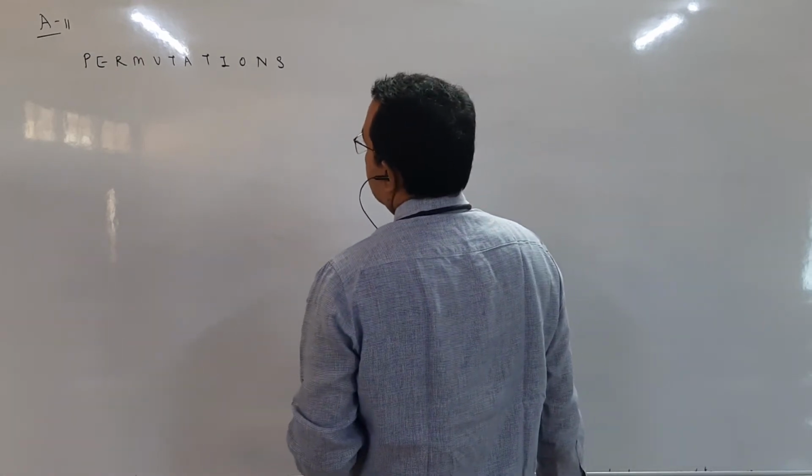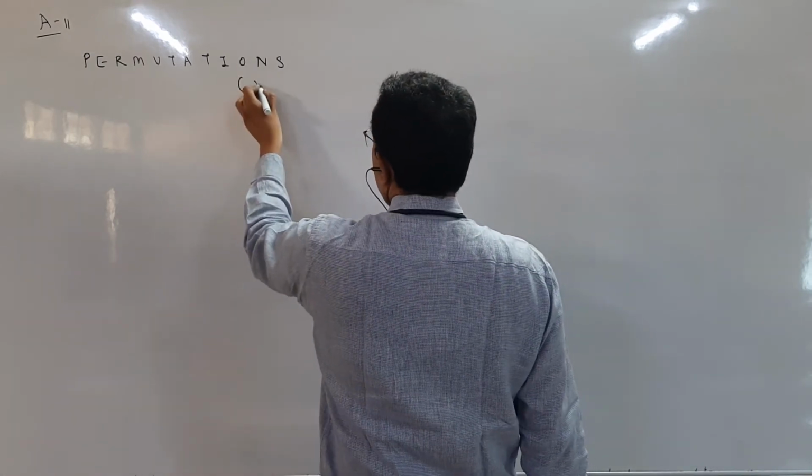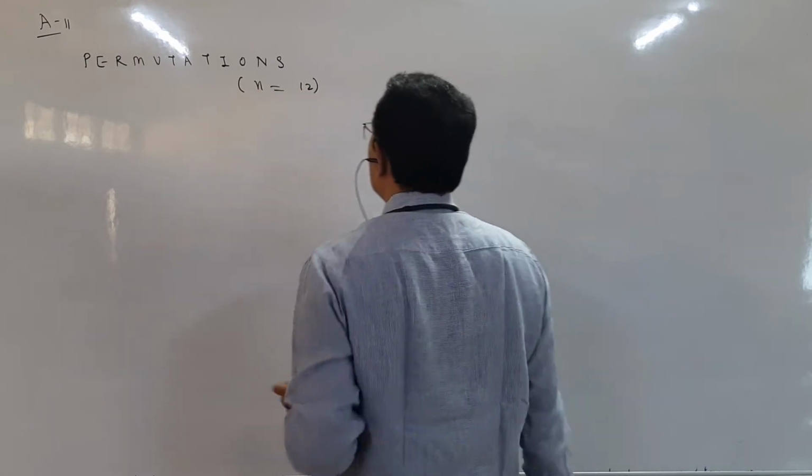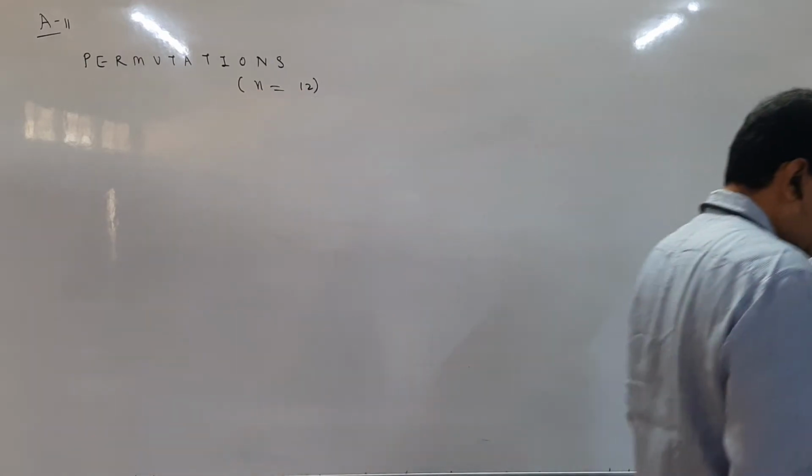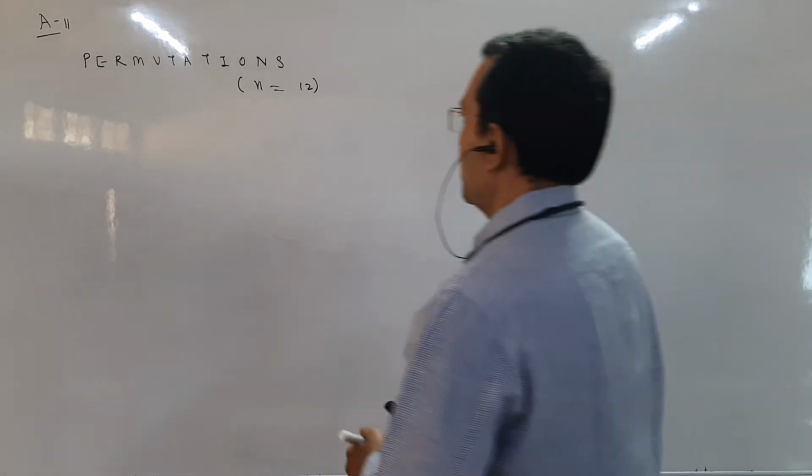Count 3 and 3, 6 and 3, 9 and 3, 12. So total letters are 12. Now, in this, only T is repeated twice.